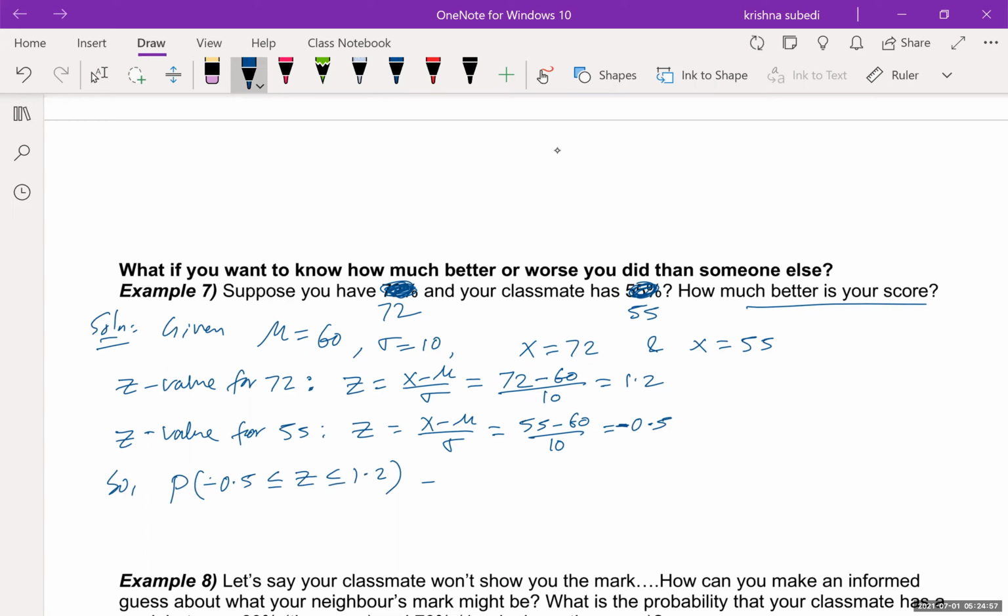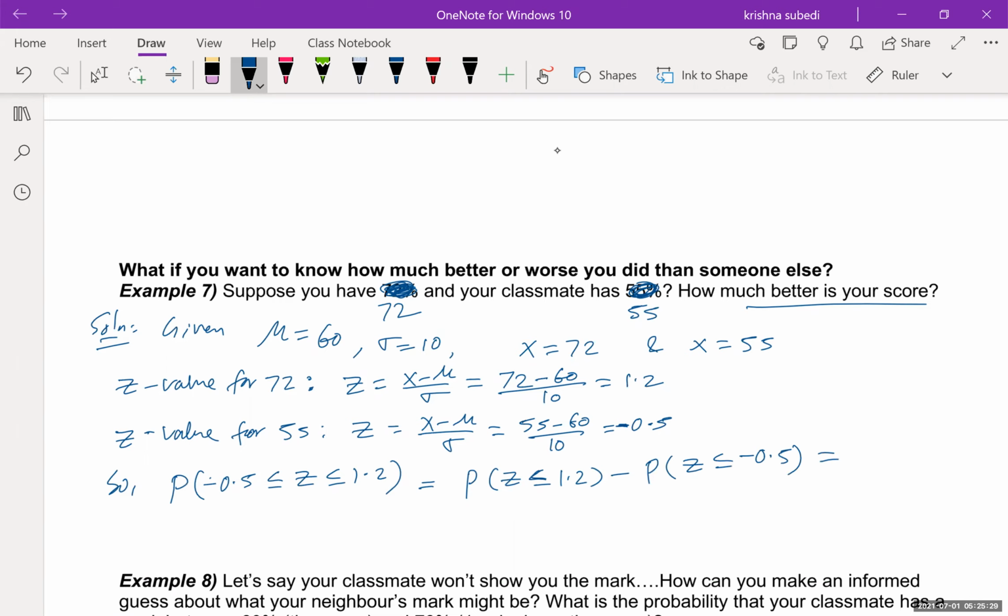This means probability of z between them, because the z table gives the area on the left-hand side. So we are considering this to be equal to the probability of z less than or equal to 1.2 minus the probability of z less than or equal to negative 0.5. So let us calculate these values.